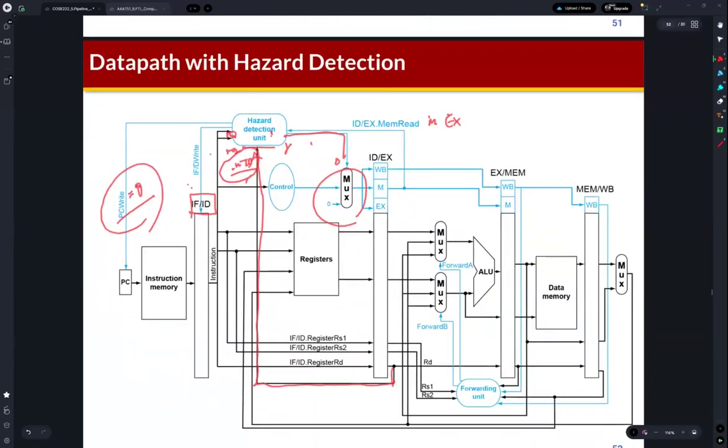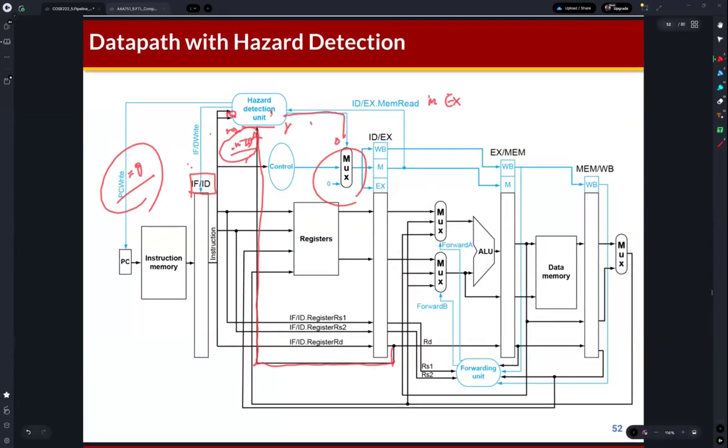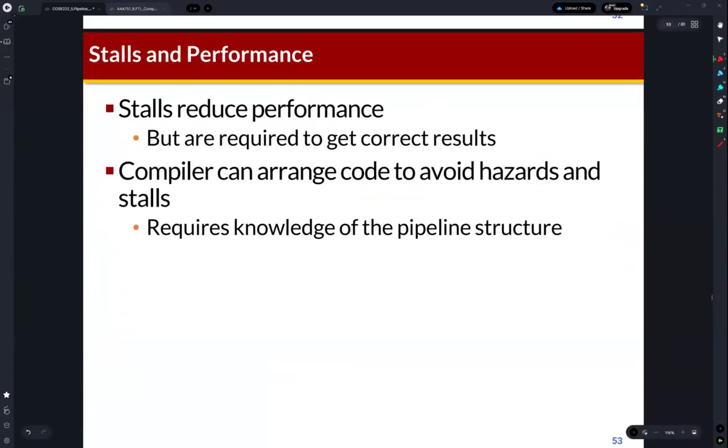So we learned how to implement data forwarding in the pipeline architecture, and how to implement the hazard detection unit in the pipeline architecture, right? And if a hazard is detected, the pipeline needs to be stalled, and clock cycles are wasted, which means performance is degraded.